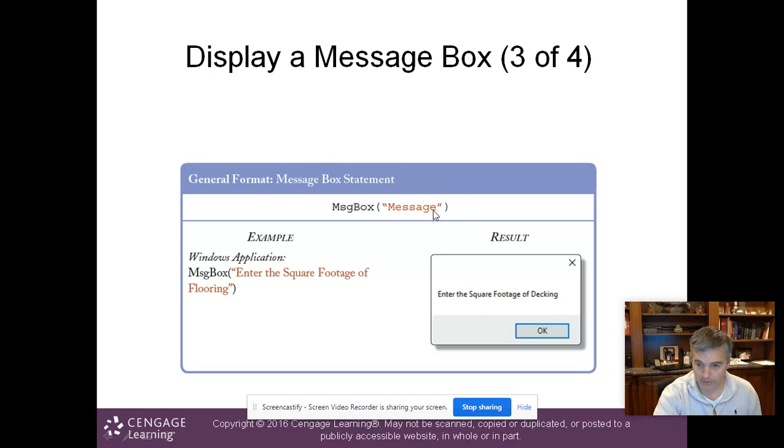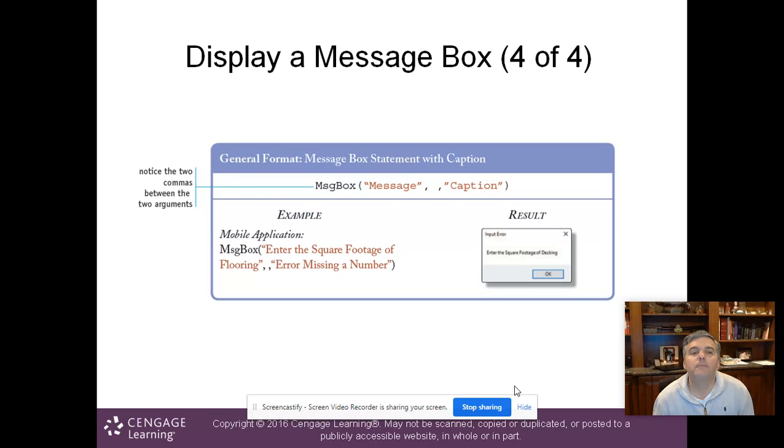Whatever you put in this message is going to display in the middle of the message box, and you'll just have an OK button. So just a brief, simple message to the user, they click OK, and they move on with the application. Depending on where you put that message box, maybe the application closes, maybe it just moves on in the code. That's what you have to decide in your application, what you want to have happen after they select OK with the message box.